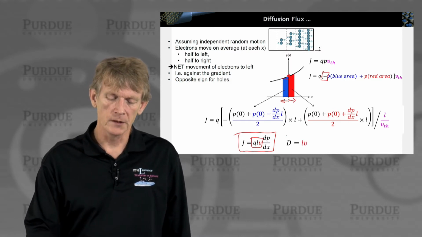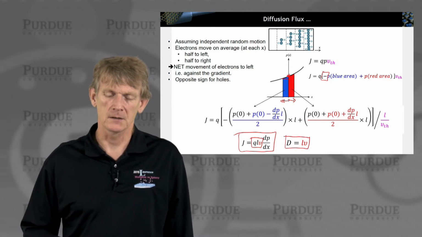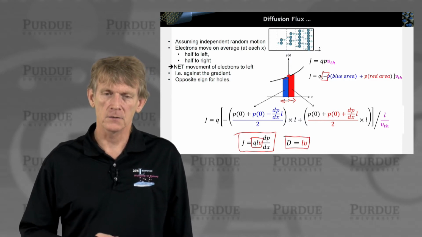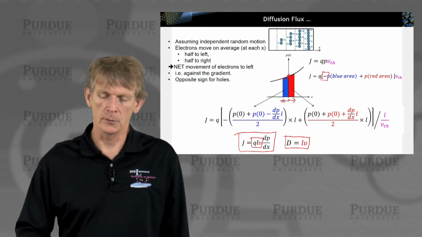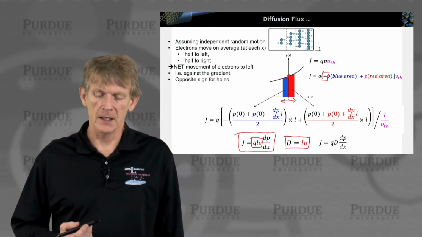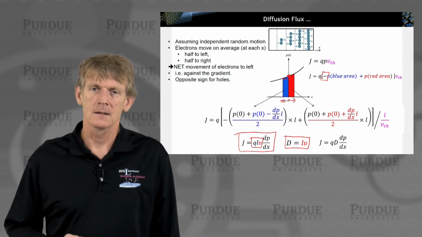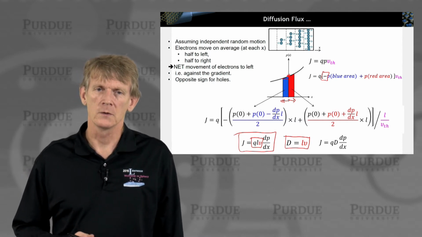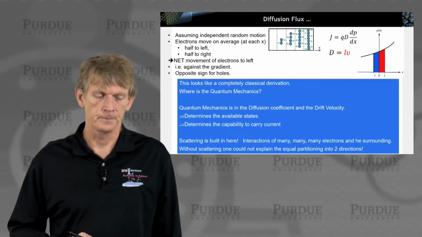All right, we will define this coefficient as a diffusion coefficient. That's the length of the structure that we can imagine these electrons moving through and the thermal velocity with which they move through it. Okay, and given that definition, we can relate the current to a gradient in the carrier distribution.